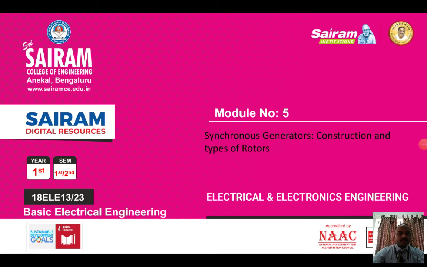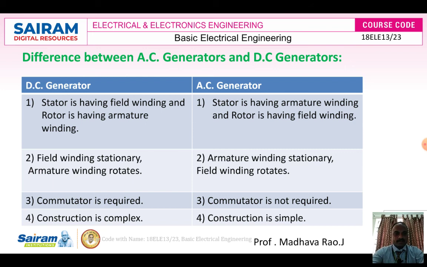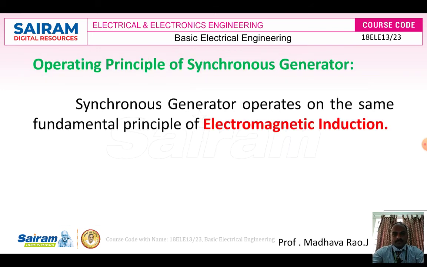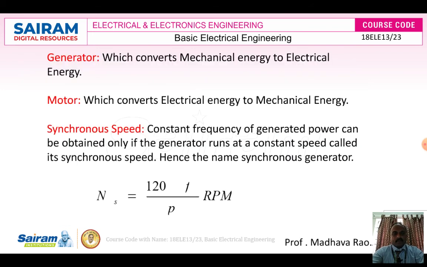In the next video, we'll see the construction and types of rotors of the synchronous generator. Now we'll summarize what we have discussed in this video. First, we discussed the function of the motor and generator, and what is meant by synchronous speed.